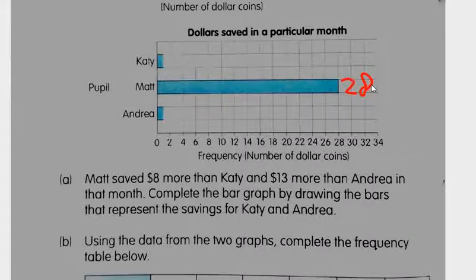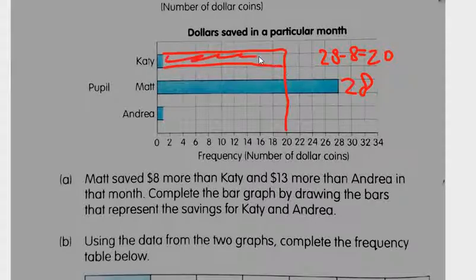So 28 minus 8. Then it is 20, right? 20, and mark this one here. Okay, and then you get the bar. Then don't forget to color it.